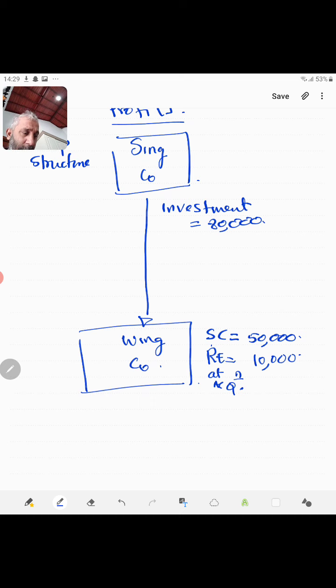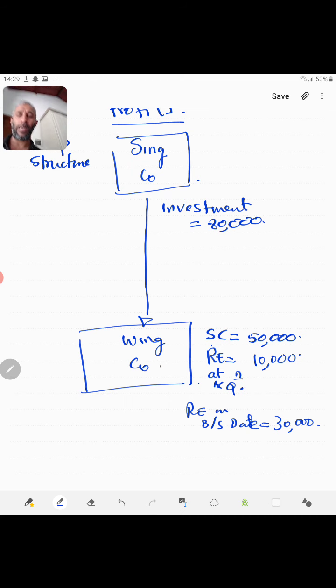This information is from the question. As well, retained earnings on the balance sheet date is 30,000.